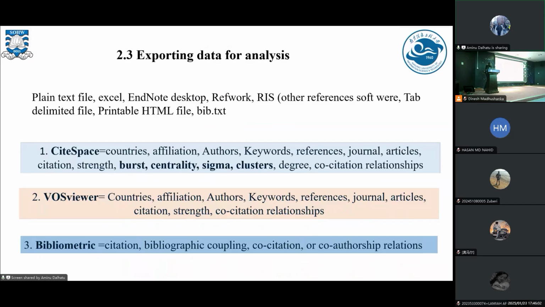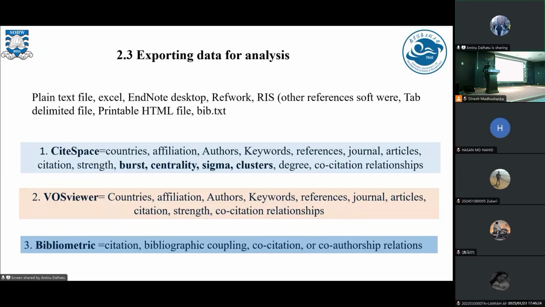They need different types of data to run and to find your results, such as links, which country is more steady or more published in your field area, which keyword is more important in the world, or which author is more famous in your study area.